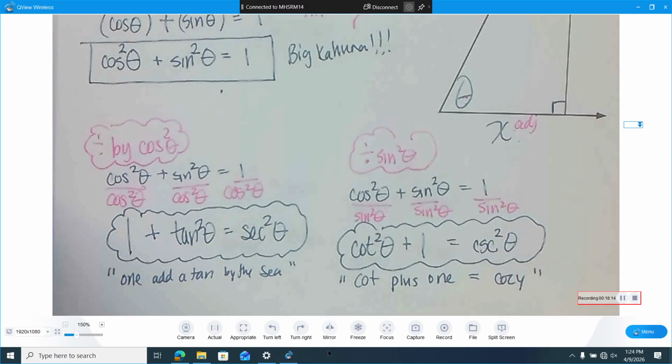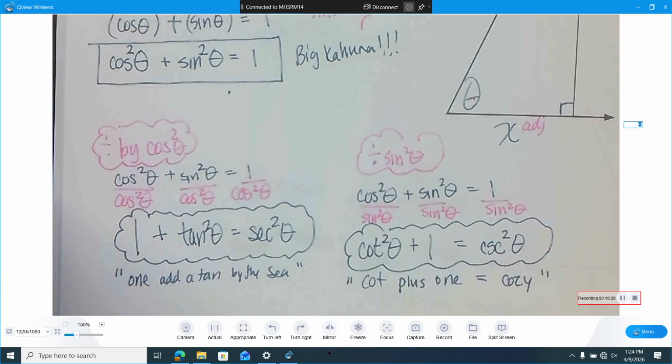This is like a cot, like a camping cot. Cot plus 1 person, because 2 wouldn't be cozy in a cot. But cot plus 1 is cozy. So that's the phrase. So cot plus 1 equals cosecant squared. To remember that, but really, again, the big kahuna is really important.